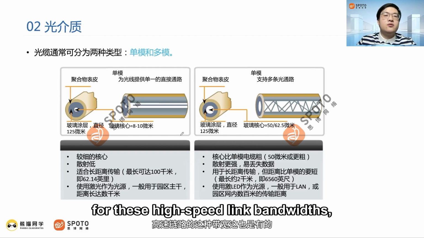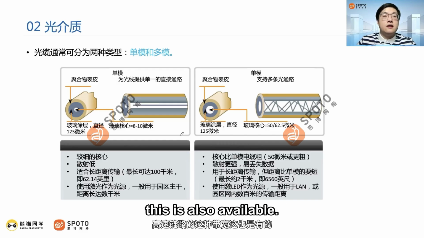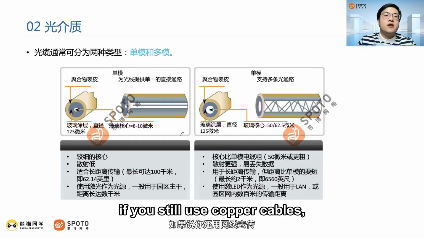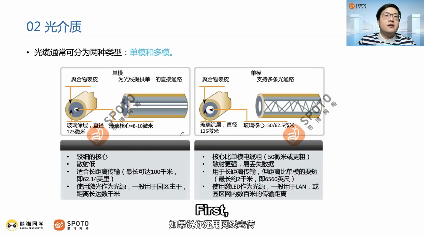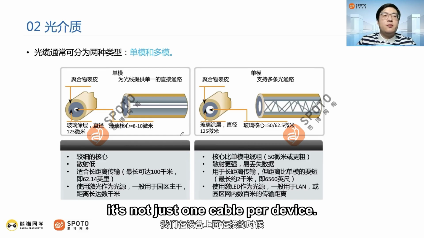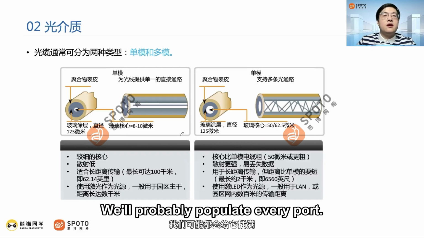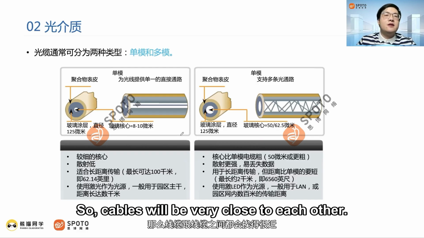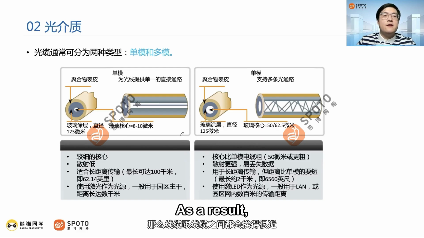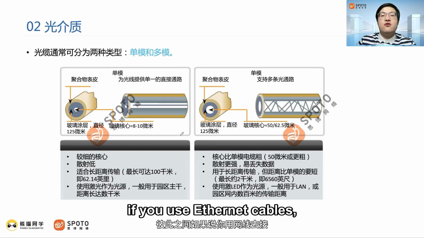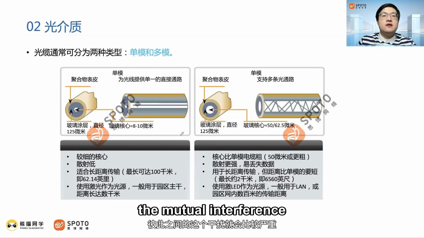For these high-speed link bandwidths, if you still use copper cables, first, the interference can be quite severe, because on our switches, when connecting, you don't just plug in one cable. Basically, you will probably populate every port. So, cables will be very close to each other. They'll be packed. As a result, if you use Ethernet cables, the mutual interference will be quite severe.